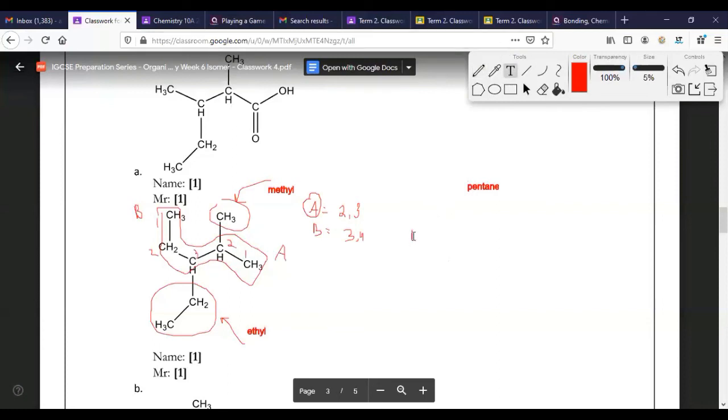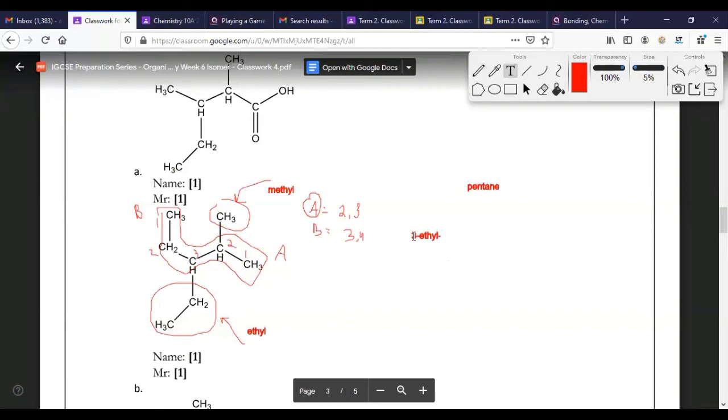So what's the name? We got ethyl and methyl. Based on the rules, there's also another rule. It is the alphabetical order. So if you have different branches, you must write in the correct order based on the alphabet. Okay, so you start with ethyl. So 3 dash ethyl and then dash.